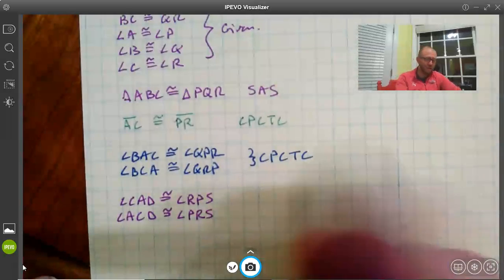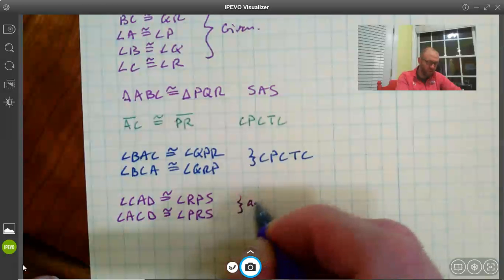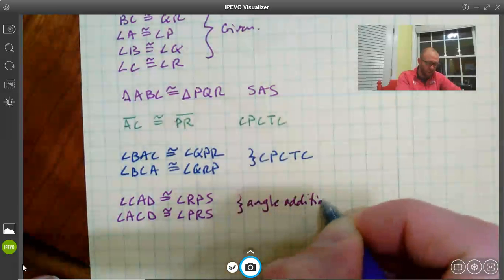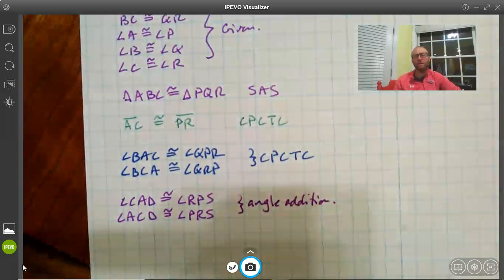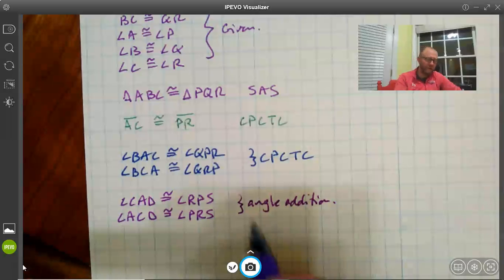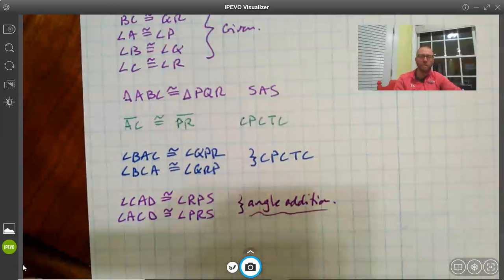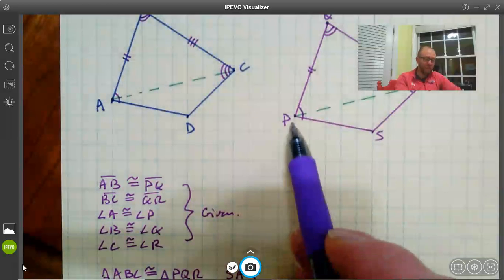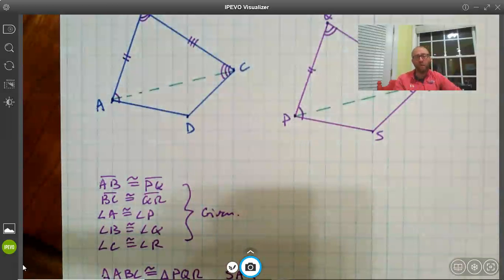And the shortcut term for this is angle addition. So anytime we've got two equal angles, and I take equal portions away from them, you use this angle addition claim here. It's a shortcut a little bit. And now because we know that, and we know that AC is congruent to PR, we now know that the lower triangles are congruent by angle side angle.